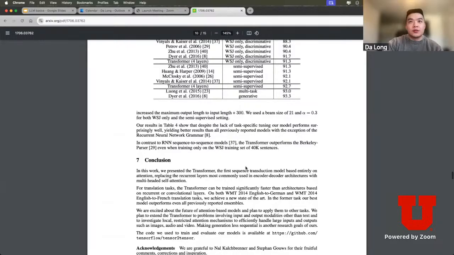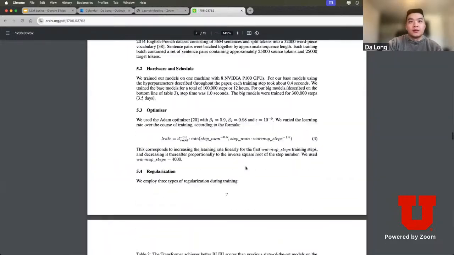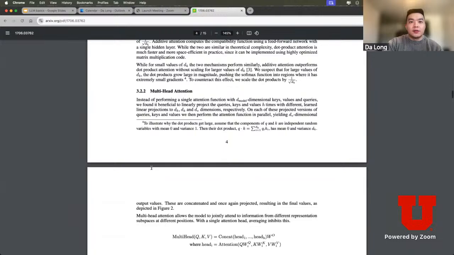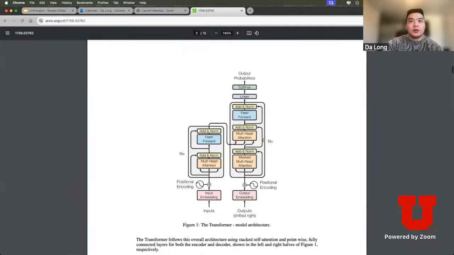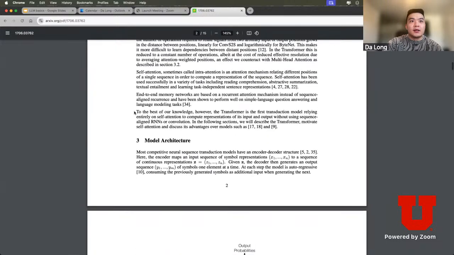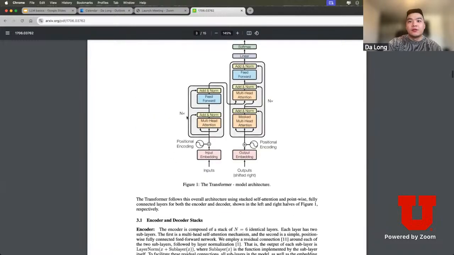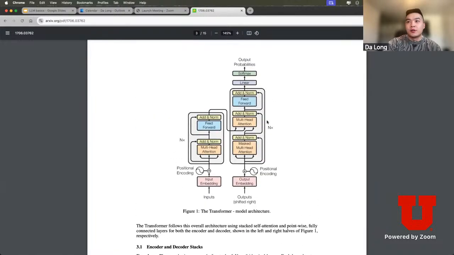For example, take any sentence: in an RNN, in each iteration you can only get one token at a time. But in the transformer, you can get the predictions for all of the tokens in parallel. That's the benefit of the transformer, mainly for training, right?